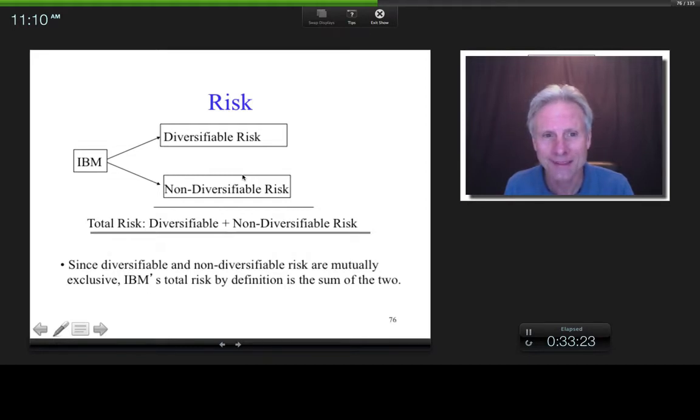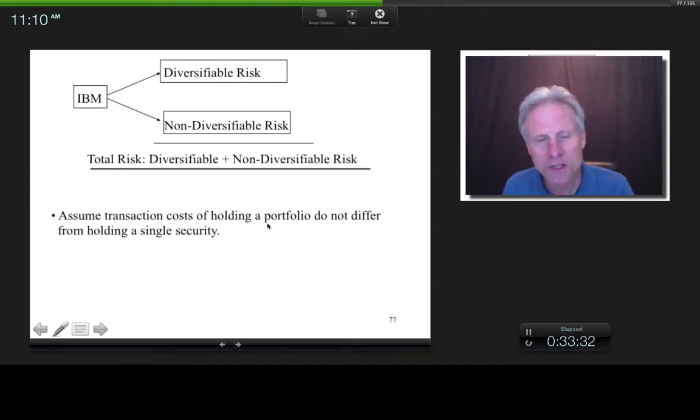Can't, right? So what I'm going to do is call total risk the sum of these two guys. And I'm about to ask you a question, but I want to make one quick assumption just to get this across. Let's say that when it comes to transaction costs, it's no more costly to hold a single stock than it is to have a whole portfolio.